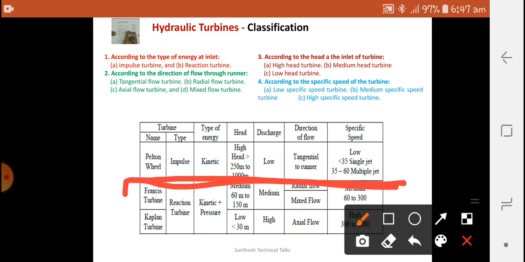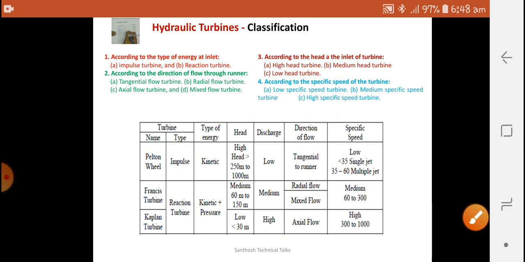Whereas the Francis and the Kaplan turbines are both reaction turbines. Both use kinetic as well as pressure energy. Medium and low head can be used. Francis is used for medium head, and Kaplan is used for low head. Francis uses medium discharge, and Kaplan uses high discharge.